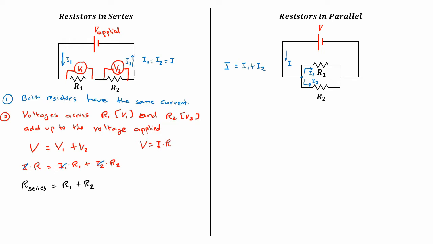Now let's take this and make a note here. Currents across R1 and R2 add up to the total current in the circuit.